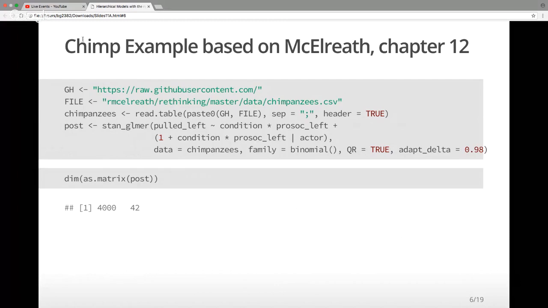Okay, this is just, actually the 1 is included by default. I was just being explicit here. This is saying allow the intercept and all these coefficients to vary by actor, as opposed to what we started with, just allowing the intercept to vary.